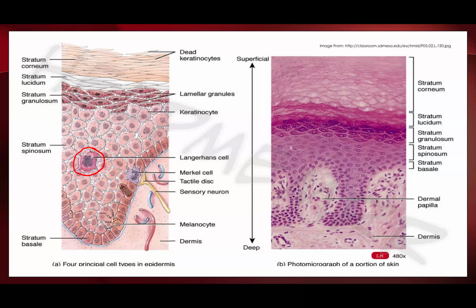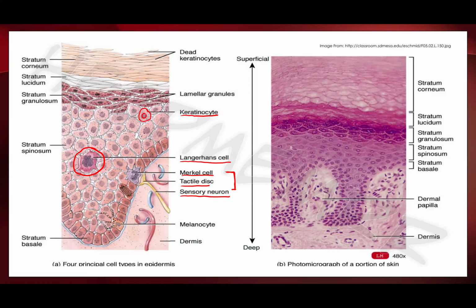It's essentially a white blood cell that's stuck in the area, looking for immunity. These Merkel and tactile cells and the sensory neuron are all part of sensation, all working together.